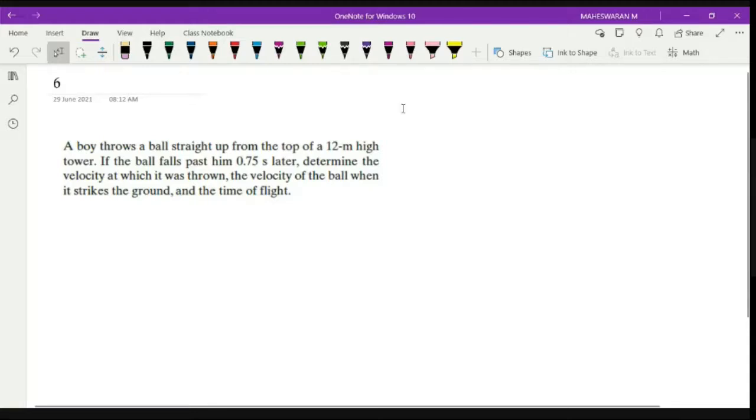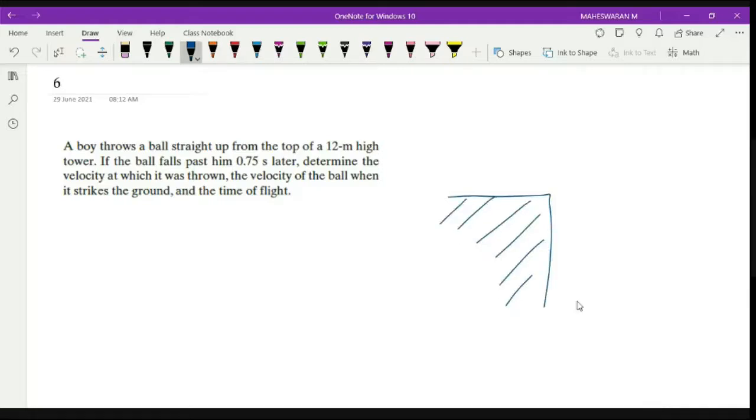So you have a tower. Let me consider there is a tower and this is the ground. The height of this tower is around 12 meters. A boy is throwing a ball from here.